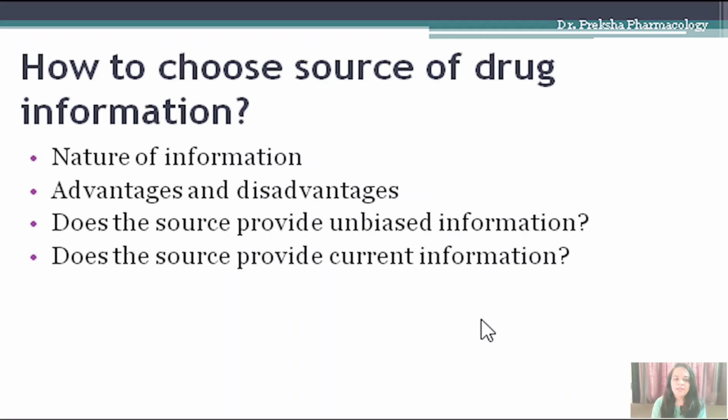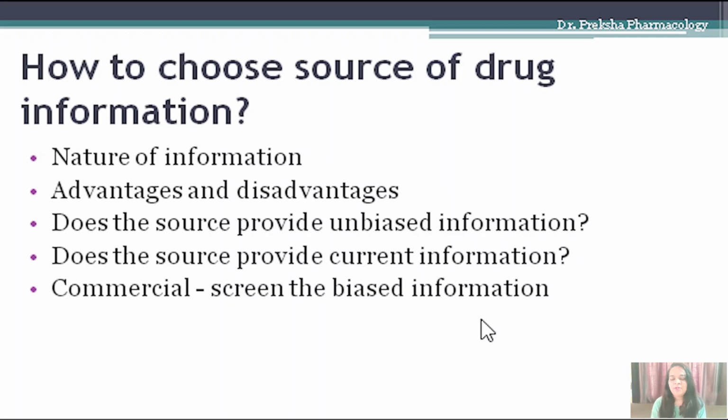And lastly, does the source provide current information? Whenever you are referring to commercial sources, you have to always check for biased information, and if you want accurate information about the drug, then you have to go for the non-commercial sources of drug information.